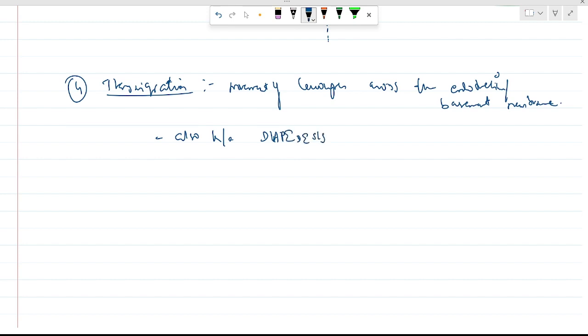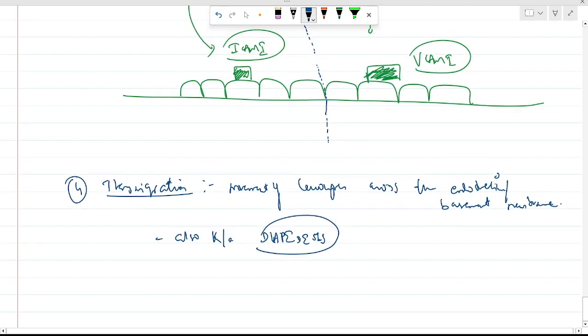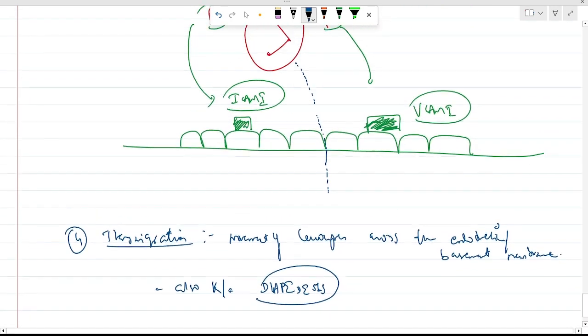Remember, diapedesis is the movement of neutrophils or leukocytes across the endothelial layer. This is the transmigration process, also called diapedesis.